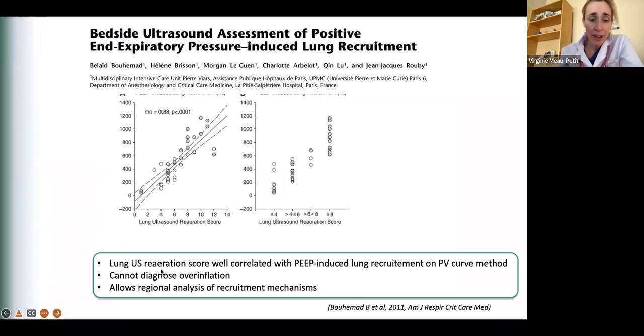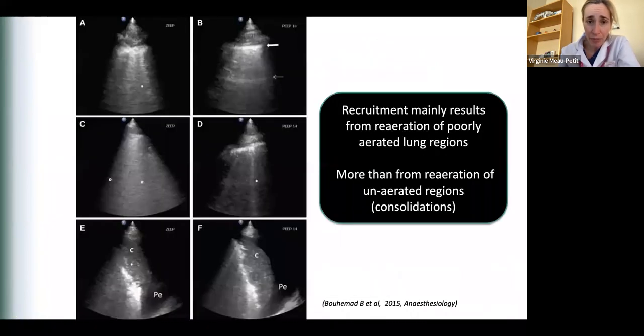What they found is that this lung re-aeration score correlated well with PEEP-induced lung recruitment by the PV method, but still we could not diagnose overinflation. And thanks to the lung ultrasound, they looked at regional analysis of the recruitment mechanism.